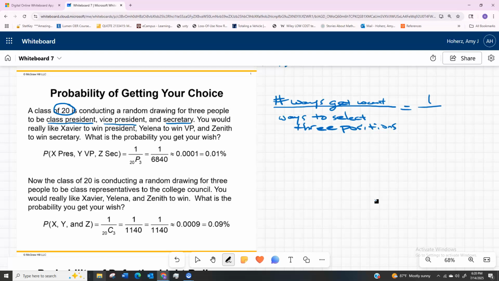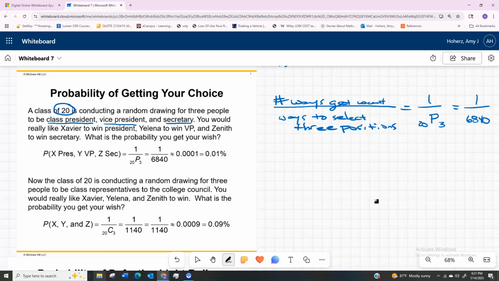So the order matters, and we have 20 students, and it's a permutation because order matters, and we're going to choose 3. And we found out in the last section that that was 6,840.